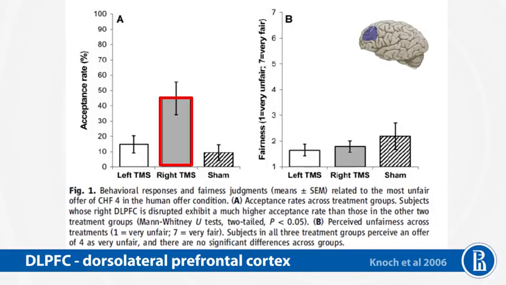And this experiment shows that if we temporarily shut down activity in the right dorsolateral prefrontal cortex, the acceptance ratio for the unfair offers goes up. So we start to accept unfair offers.